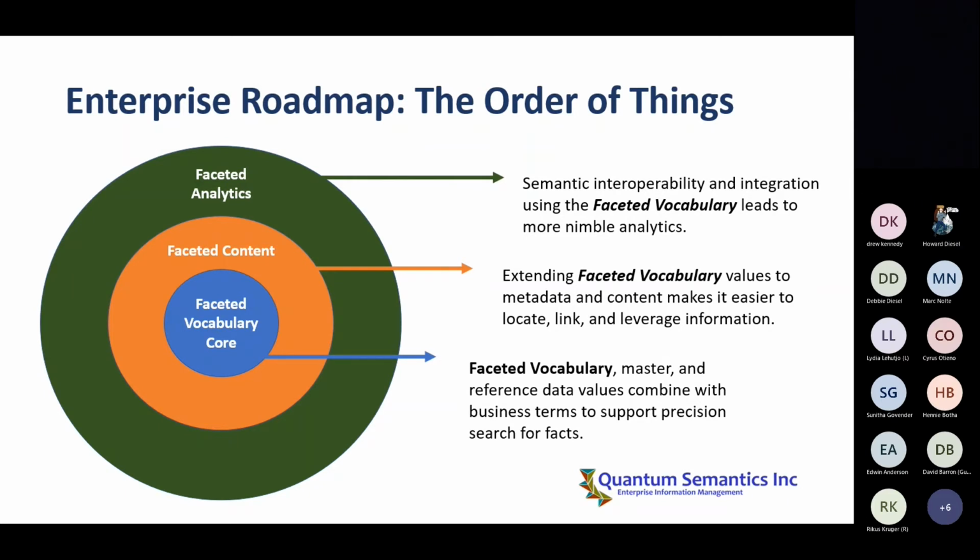So, but you can also extend the faceted vocabulary using exactly the same facets. Remember, 19 facets are highly constrained to connect metadata, or sorry, the vocabulary in the form of metadata, to content.